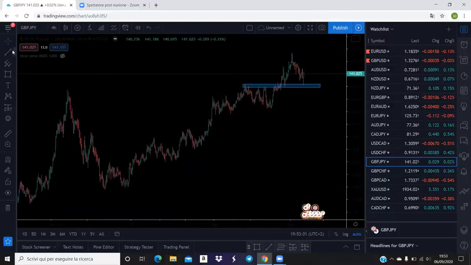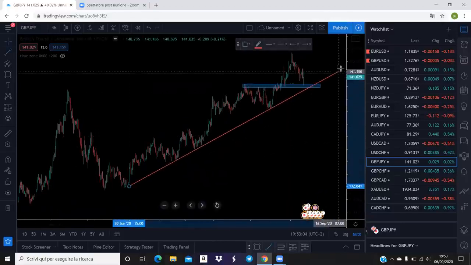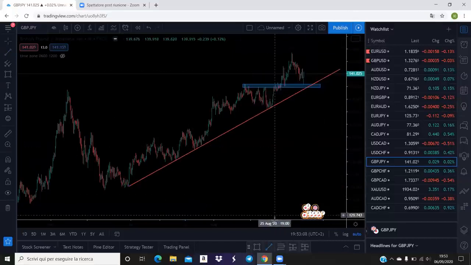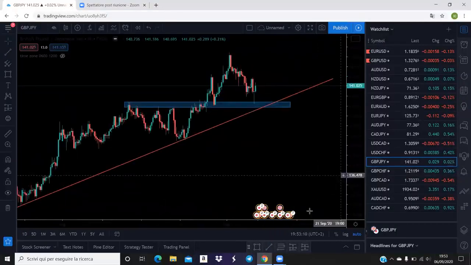Overall, we are in an uptrend, as you can see, and we cannot deny that. So we might be bullish on GBPJPY too.